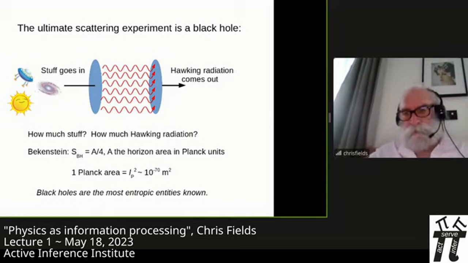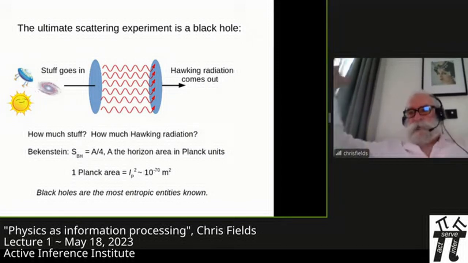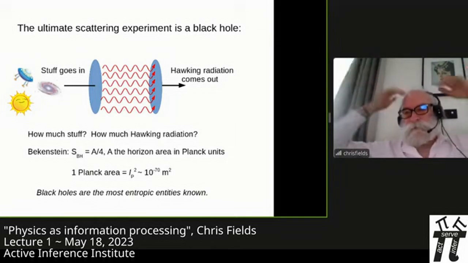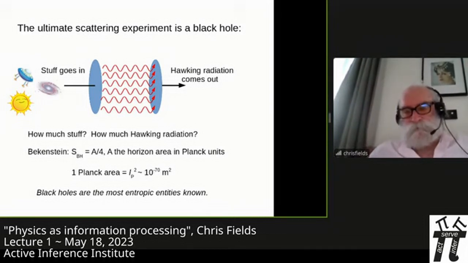So 1 Planck area is the Planck length squared, which turns out to be about 10 to the minus 70th meters squared. So this says that black holes are the most entropic entities we know of. A black hole about this big, with a radius of about a meter, has an entropy of about 10 to the 70th, which is, of course, an astonishingly big number.